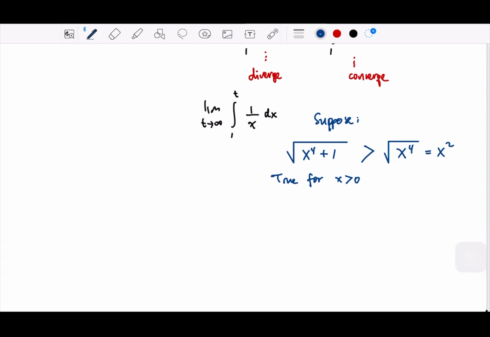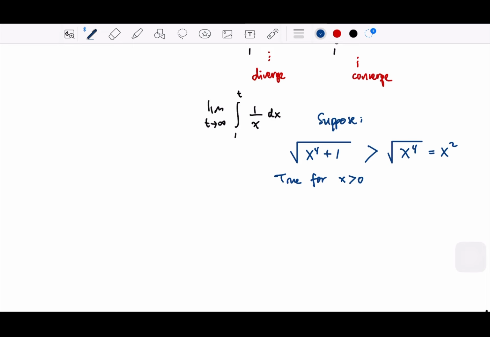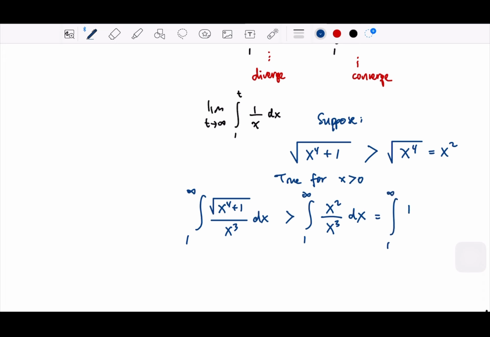Now, let's say we have a comparison between these two. This is the question, and this will be greater than this, x squared over x cubed, which means that this can be written as the integral of 1 over x dx.